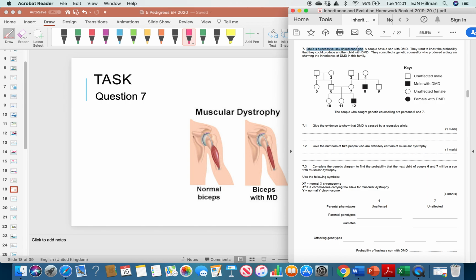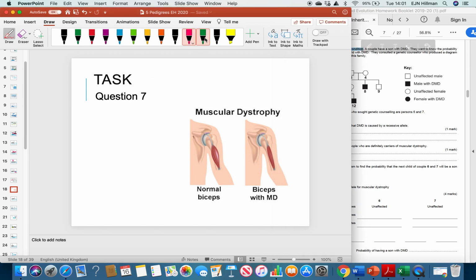Okay, immediately it's given us really important information. So, it's important for you to note that down. So it's recessive and sex-linked, or X-linked. Remember, all of these sex-linked conditions will be on the X chromosome.